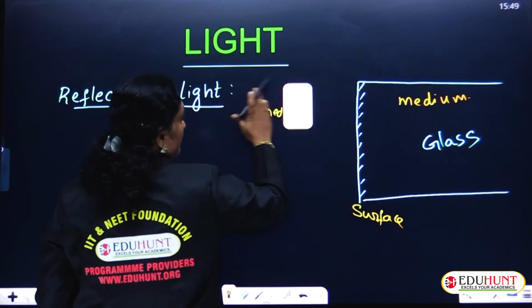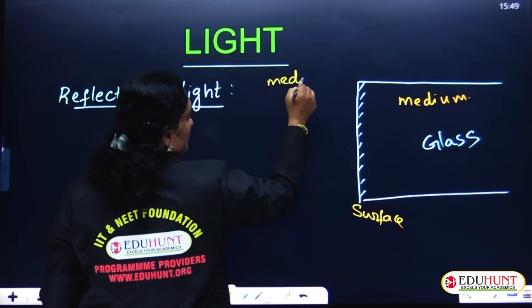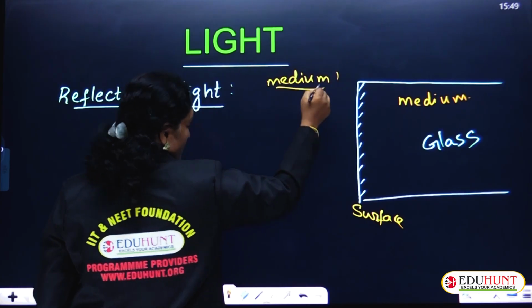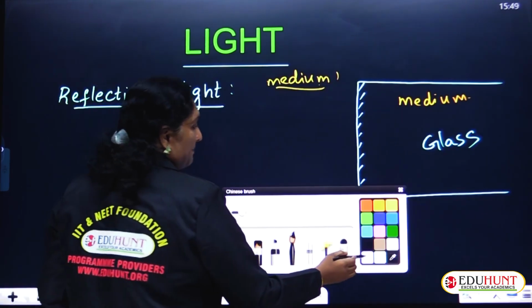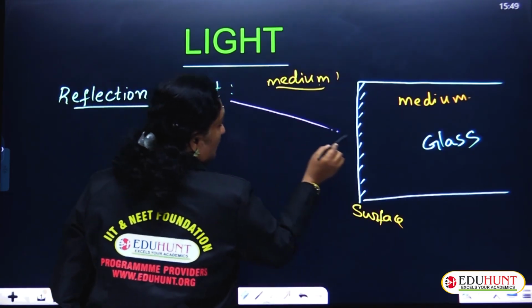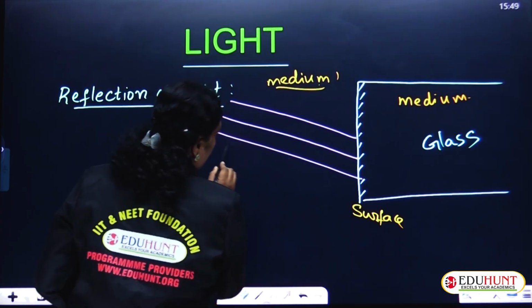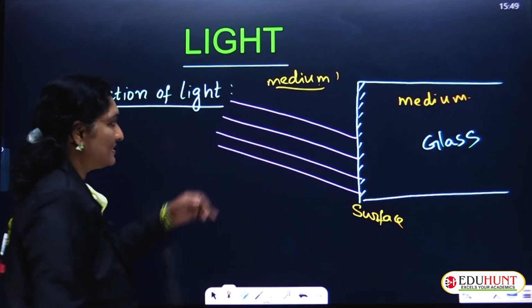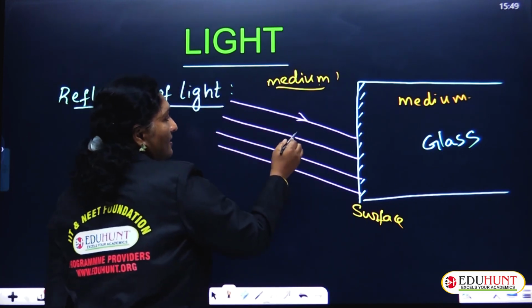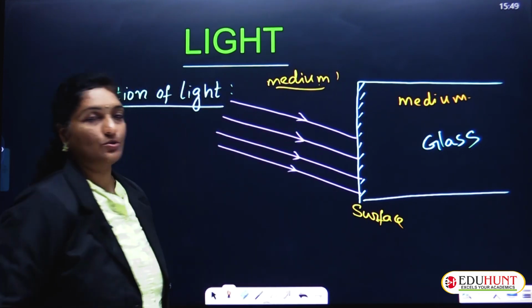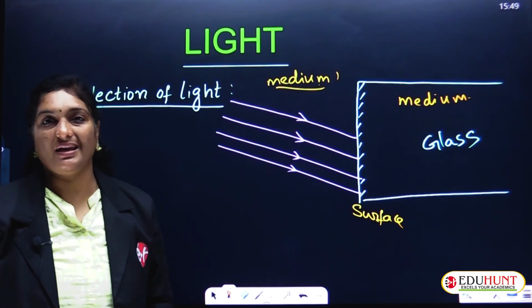Okay. Whenever a beam of light falls on a surface, as shown in the figure, this is the beam of light. This is only a single light ray, and many light rays together we call a beam of light.